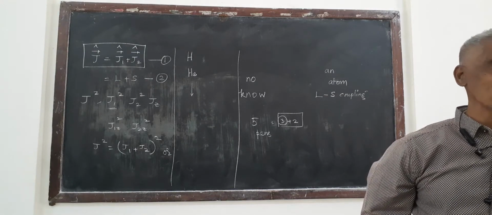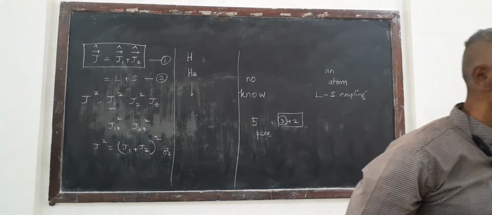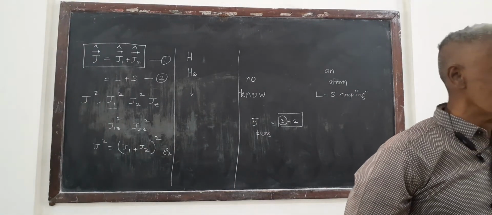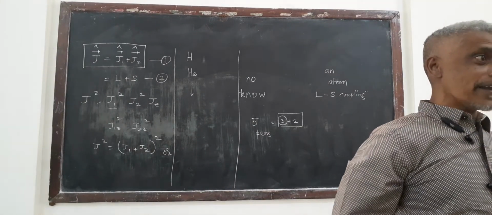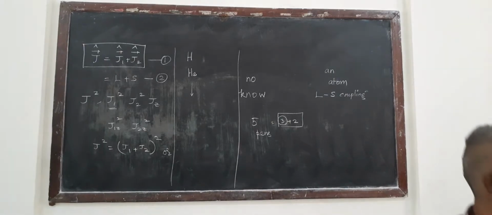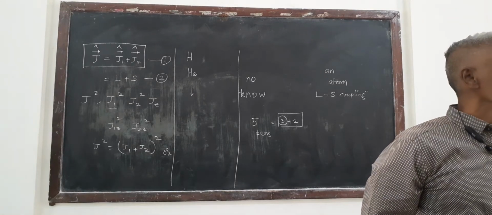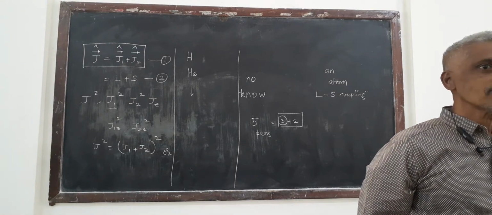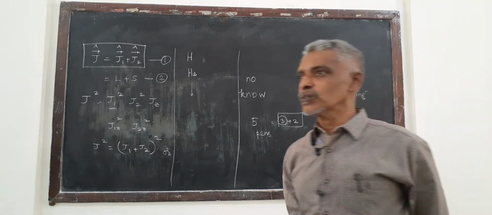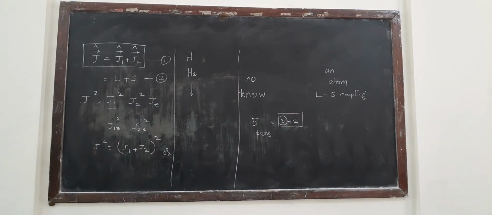A plus b whole square is equal to... I am asking you now, a plus b whole square.